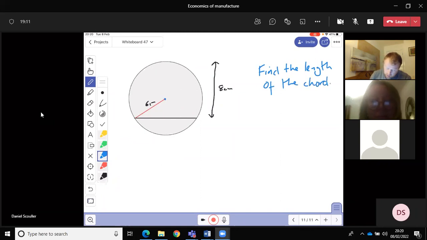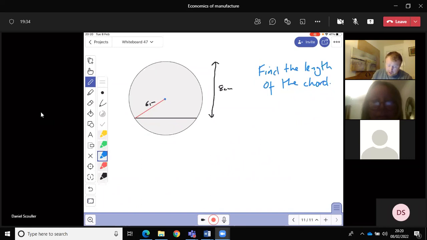So it's the distance from that outside edge to that outside edge. They might letter that A and B and say find the length of AB, or something along those lines. But essentially, find the length of that chord.